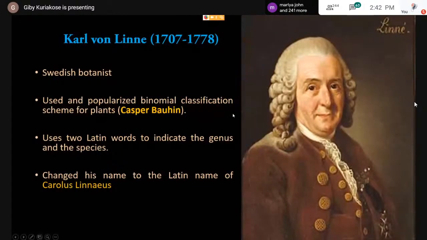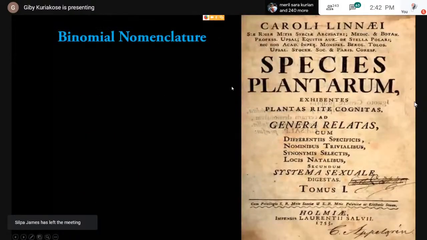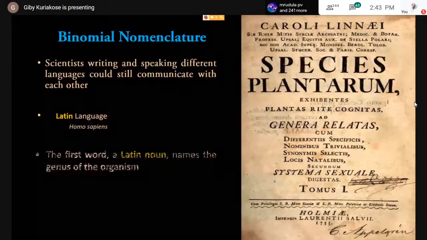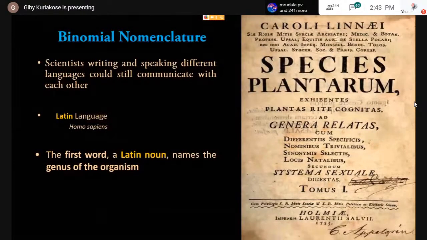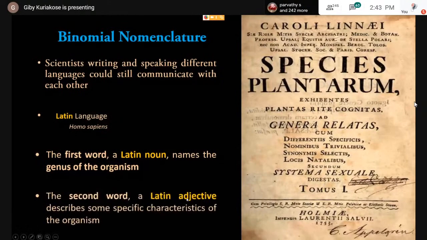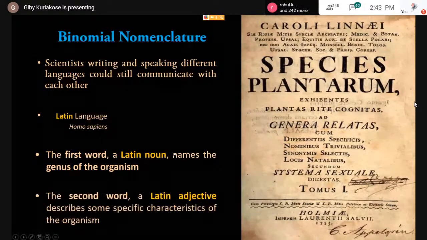He changed his name from Carl von Linné to Carolus Linnaeus, a Latinized name. Species Plantarum is one of the pioneering works with which we've learned how to use Latin names with ease. The first part of the scientific name, which is the genus name, is a Latin noun form. And the second part is a Latin adjective form. So the Latin noun form will be the generic name or genus name.